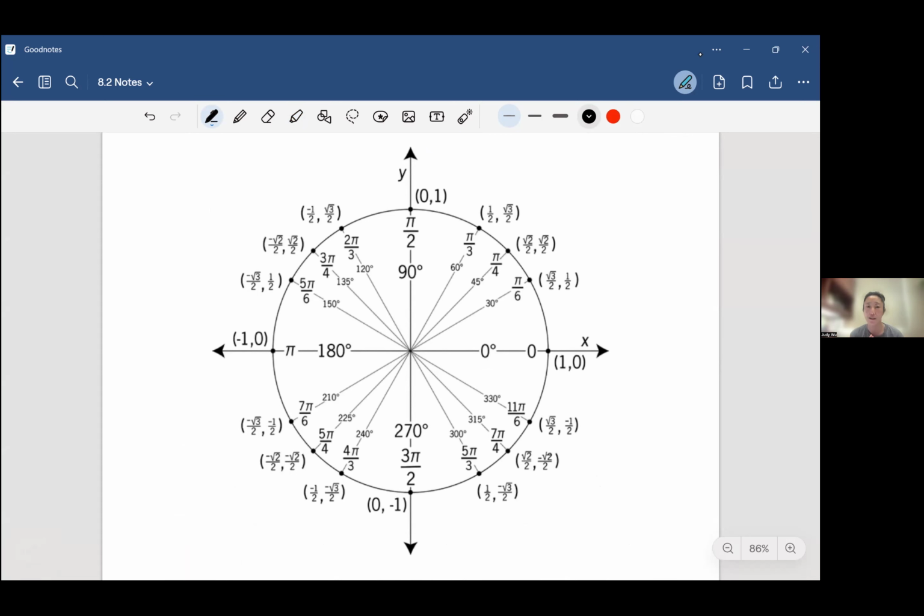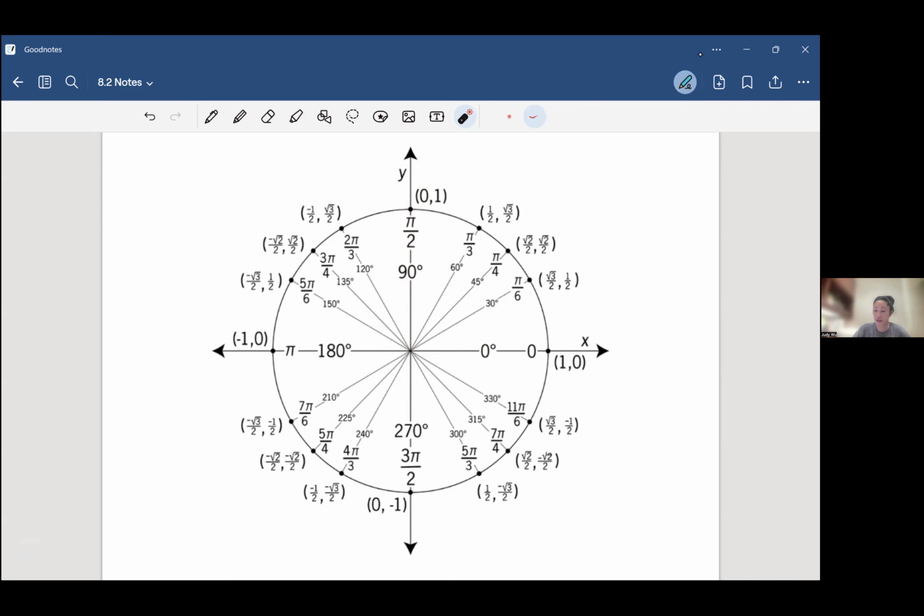There's like 80 million numbers on here, but at the end of the day, look at where the center is. The center is at the origin. And if I go out to the right, it's only 1 unit out. Or if I go up 1 unit, it's only up 1 unit, right? So we can see that this radius is actually 1.